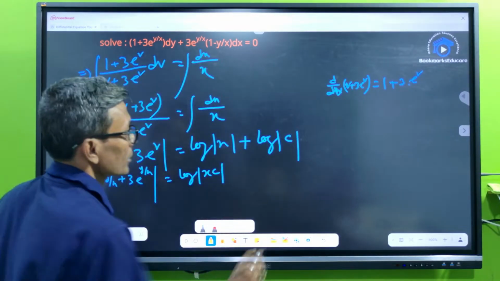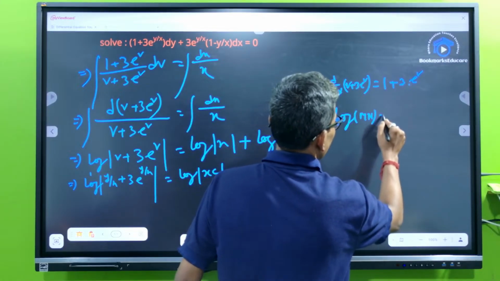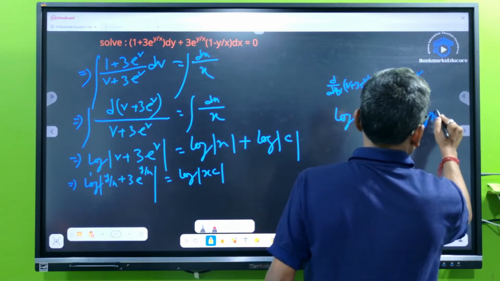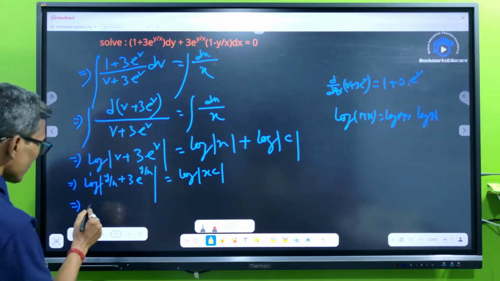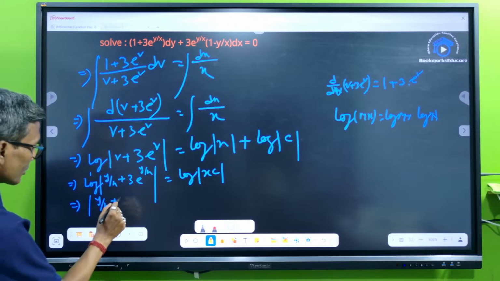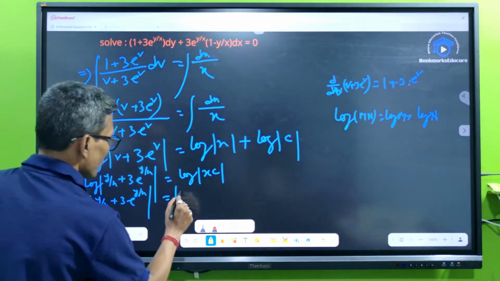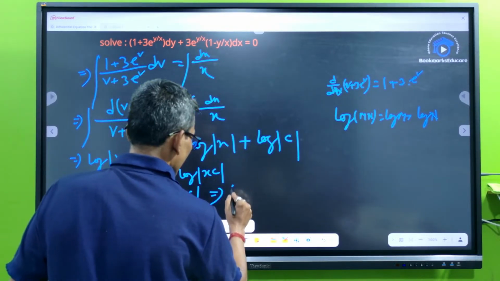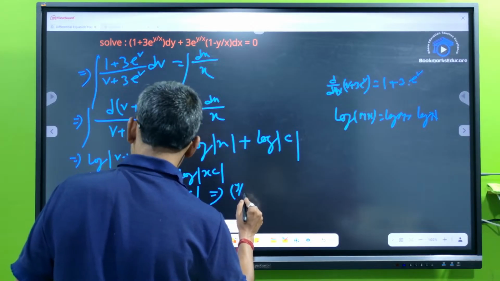This is the formula of logarithm: log of m into n means log m plus log n. So log will be cancelled out. So mod of (y/x + 3e^(y/x)) is equal to mod of xc. Squaring on both sides, then mod will be cancelled out.